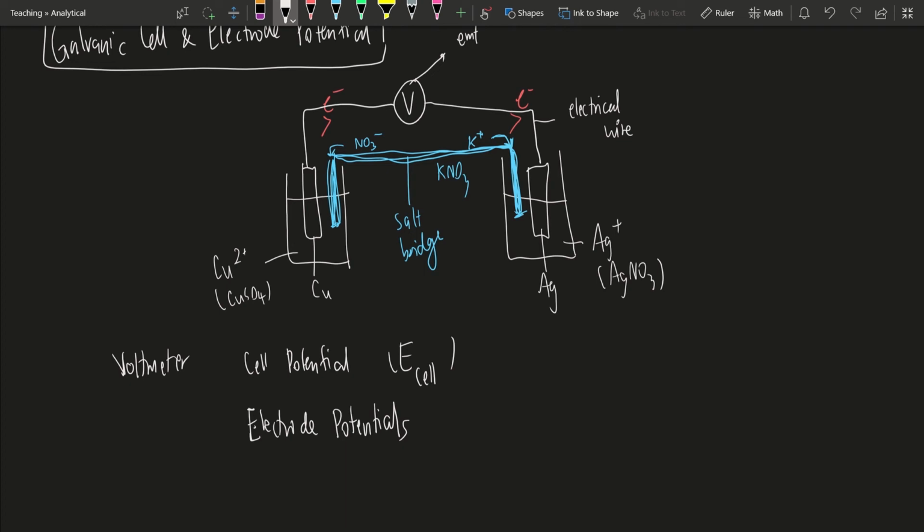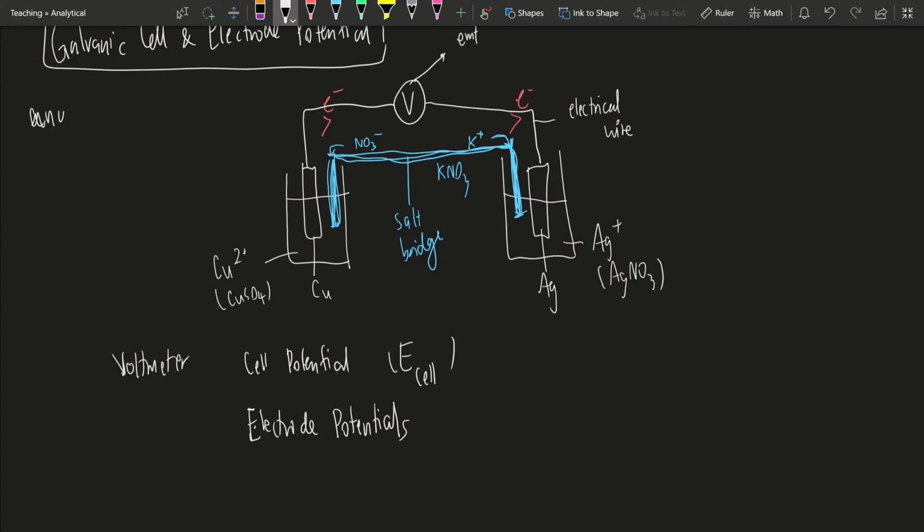Now, the problem is how you're going to define these two electrodes. So again, we already said that in a redox reaction, there's going to be one species that undergoes oxidation and another species that undergoes reduction. So similarly here, we will call the half cell which undergoes oxidation the anode.